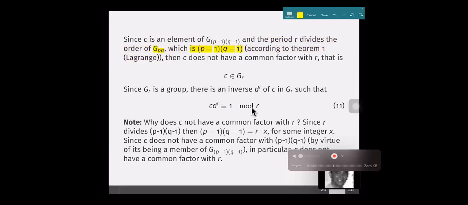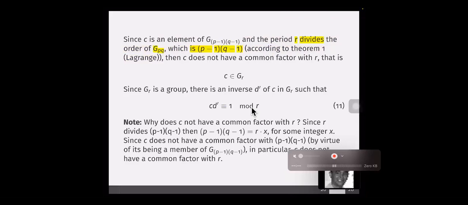Because C is an element of G(P-1)(Q-1), it means that C does not have a common factor with R, since R divides the order of G. That is, C is an element of GR.